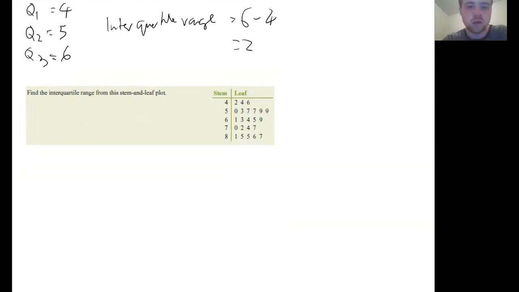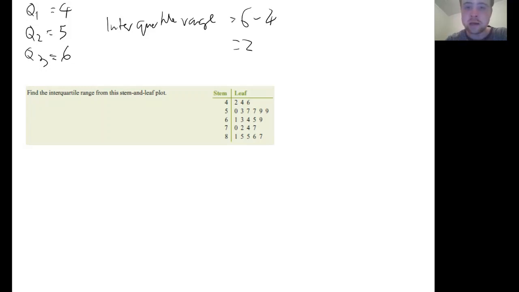So the number of scores we have here, 1, 2, 3, 4, 5, 6, 7, 8, 9, 10, 11, 12, 13, 14, 15, 16, 17, 18, 19, 20, 21, 22, 23 scores here. Did I count that right? 3 plus 6, 9, plus 5 is 14, 18. Yeah, 23 scores here.